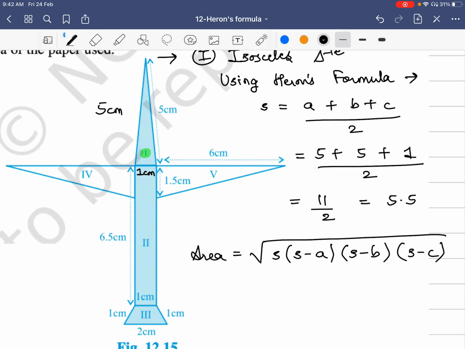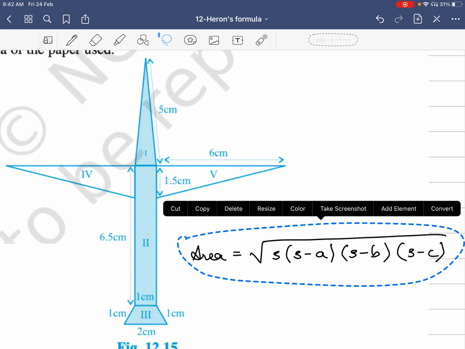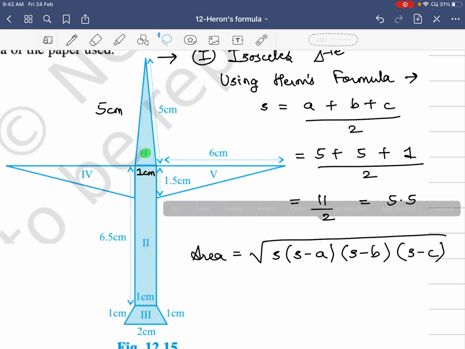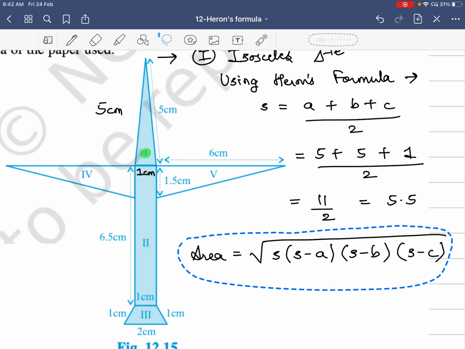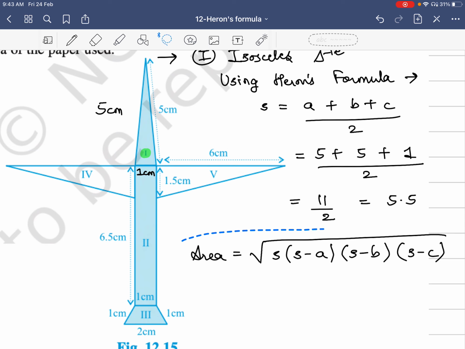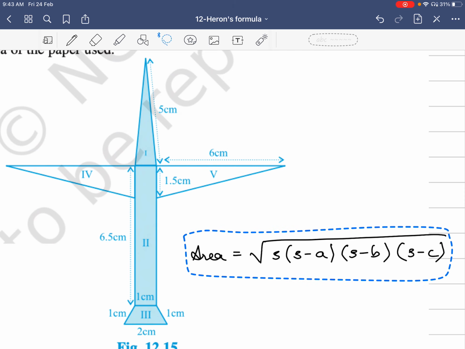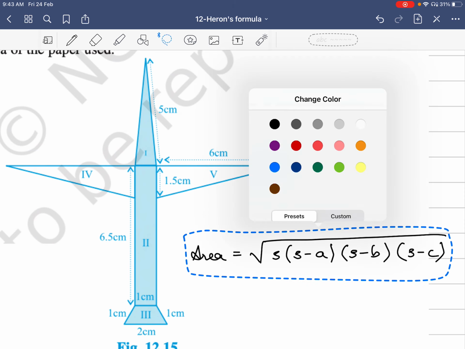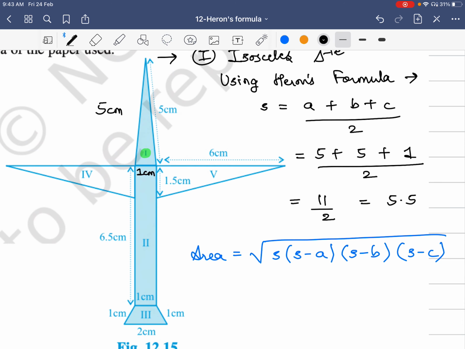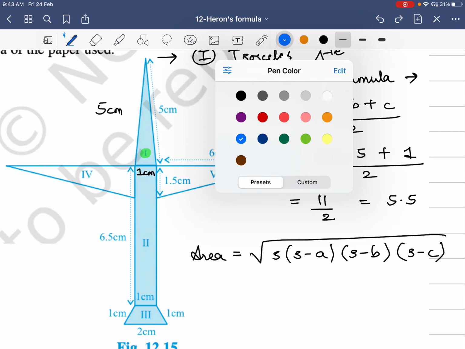Let me try to change the color here, and let's make it blue. So area is equal to this thing. This is our standard Heron's formula. I think the color is not changing.